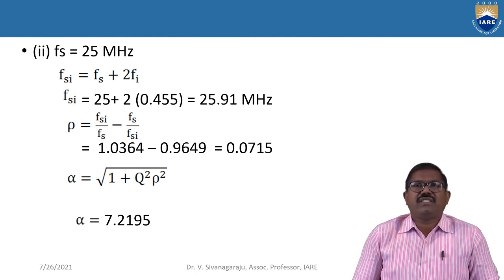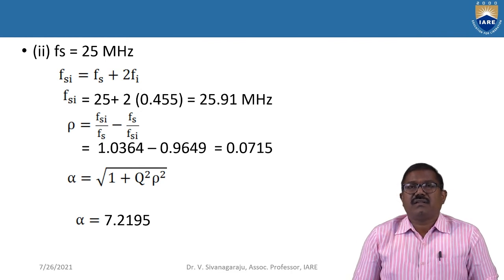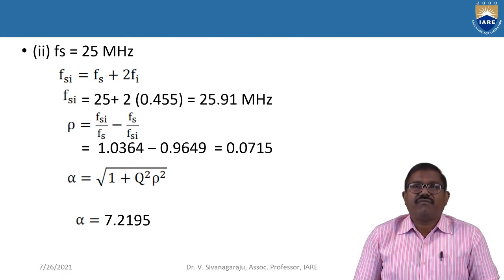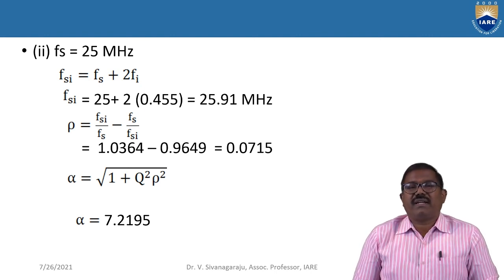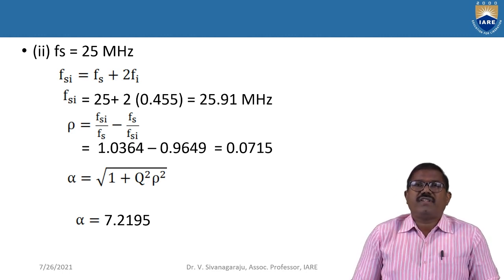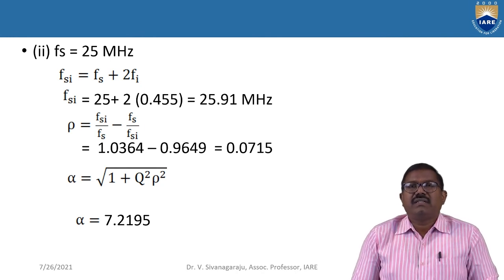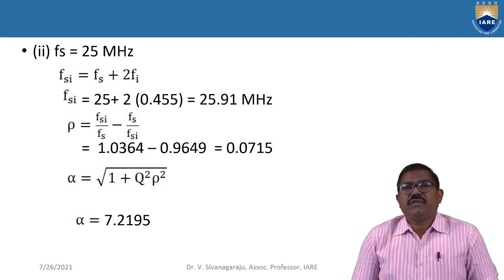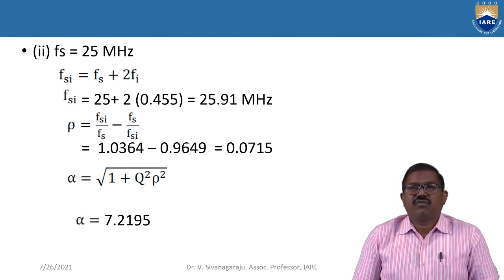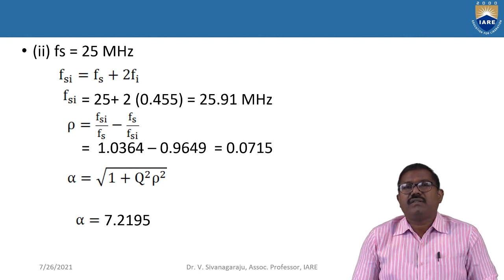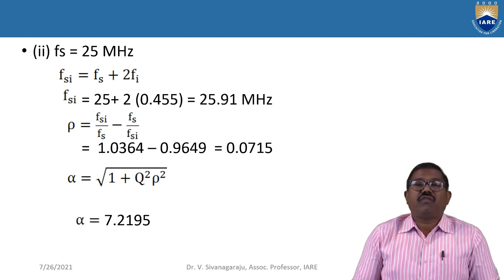Both are in megahertz, so the units cancel. Substituting Fsi by Fs, we get 1.0364 minus 25 divided by 25.91, which is 0.9649. So finally, the rho value is 0.0715.